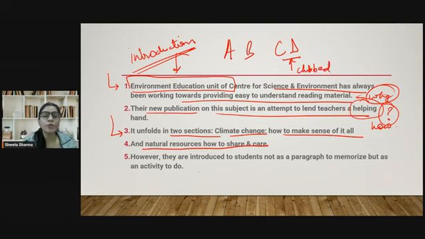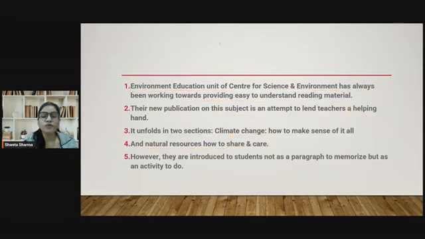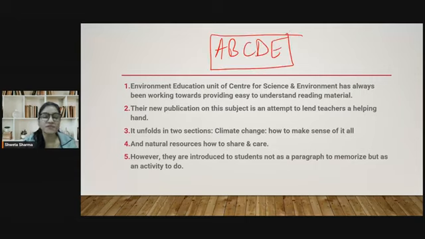And then we have, however, they are introduced to students not as a paragraph to memorize, but as an activity to do. So this is also something going beyond the scope. A, B, C, D, E are the five sentences we got, and they should be in one sequence. The new publication is an attempt to lend teachers a helping hand.